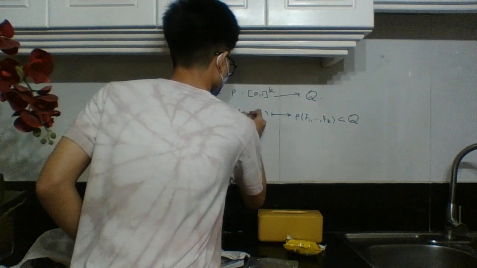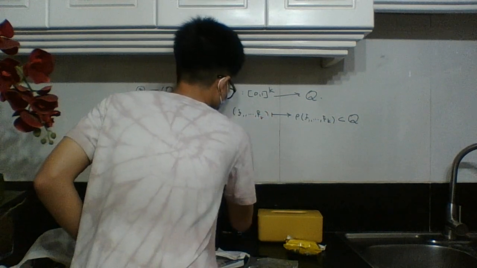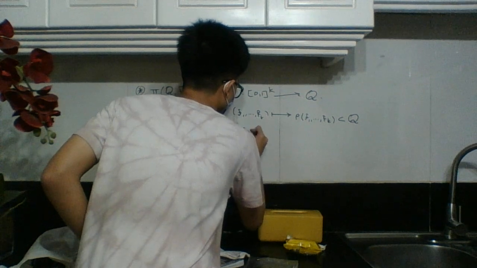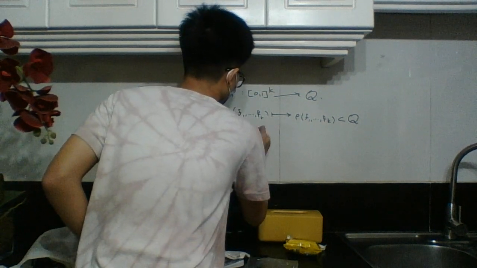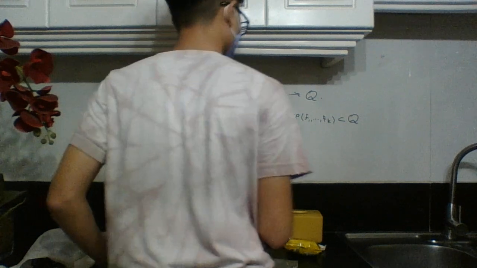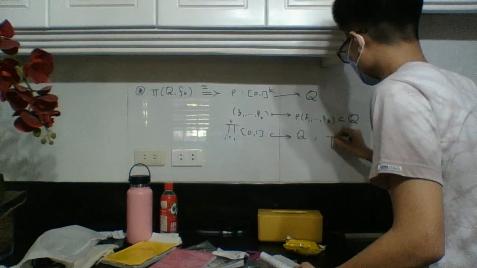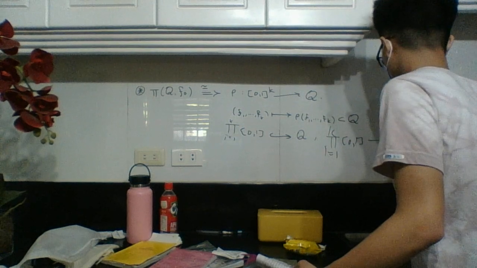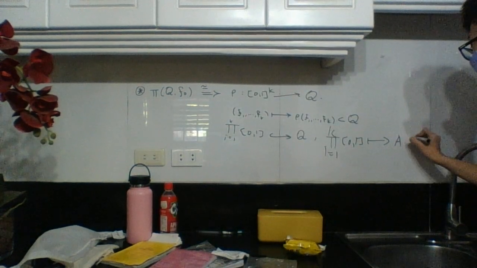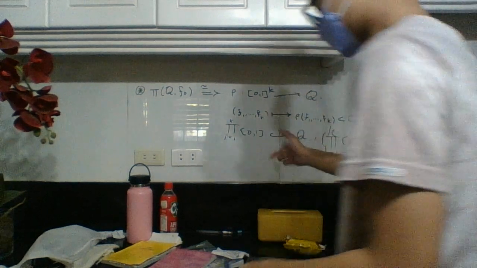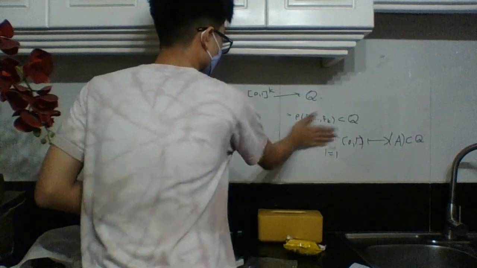Or rather, we can think of this as a product, i equals 1 to k of fi, or [0,1]^k, is either injected into Q, or included into Q, or this product is just taken to Q, or mapped to Q, mapped onto some subset A of Q. Okay, so these are the two interpretations we have, or at least three, of this map.